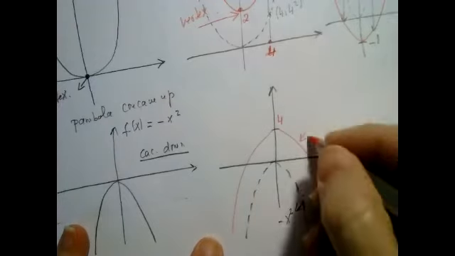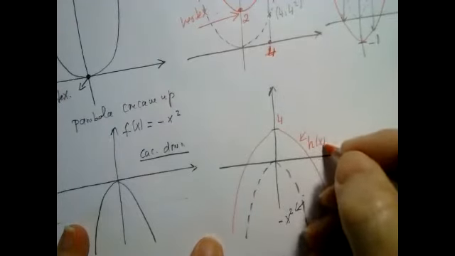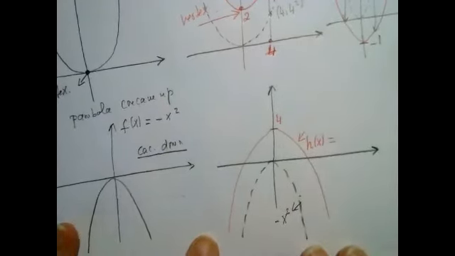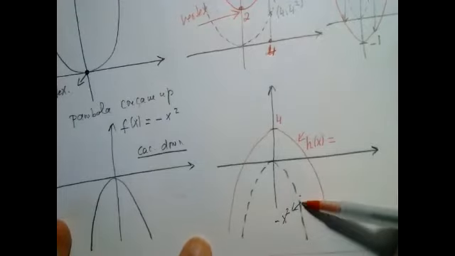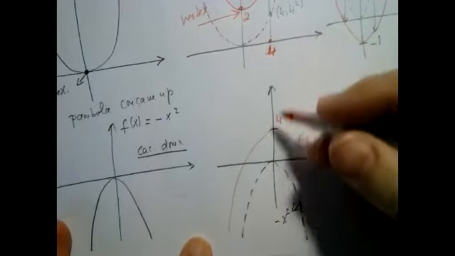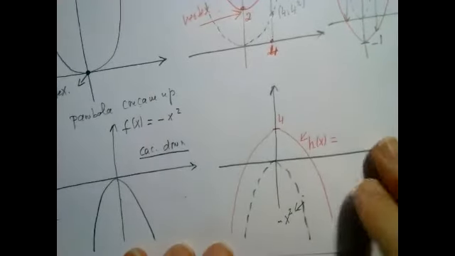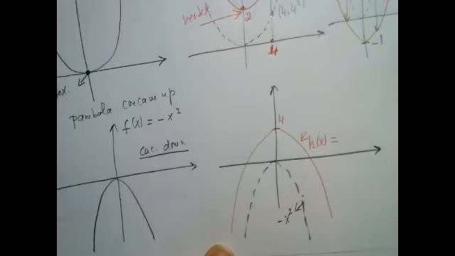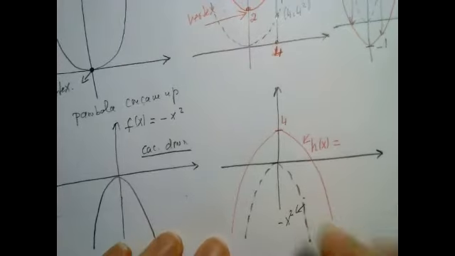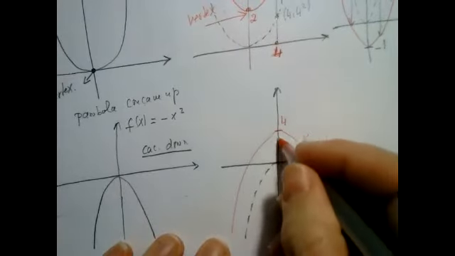So I'm going to call this h of x. What do you think is going to be the formula for h? Basically, I took minus x squared and I shifted it up.